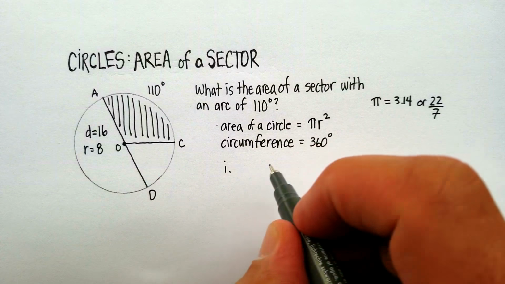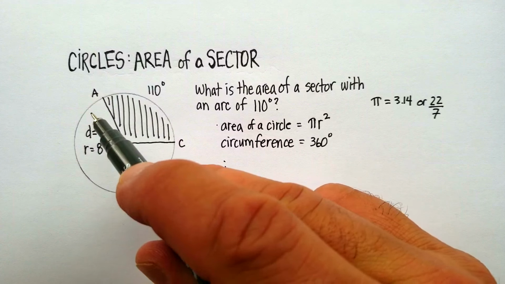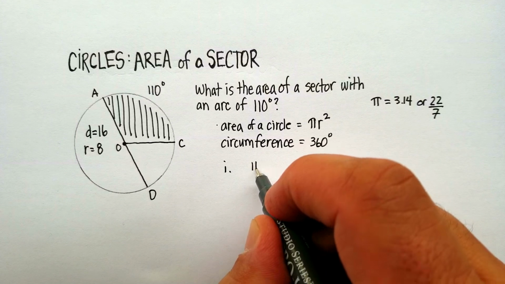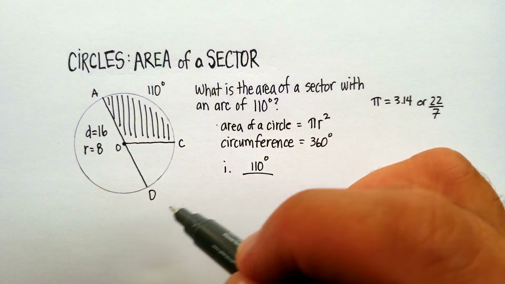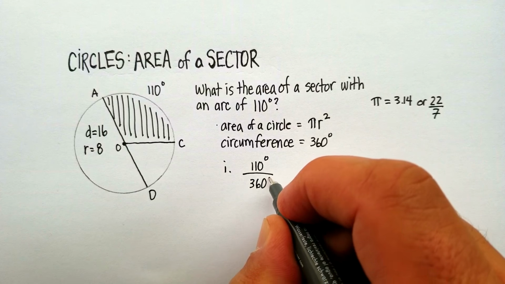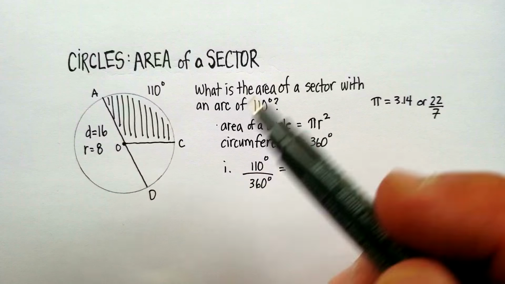So step one, we know that the arc of this circle, in this particular case arc AC, is 110 degrees. And we know that the circumference of the entire circle is 360 degrees, right? Now, do we know what the area of this circle is?